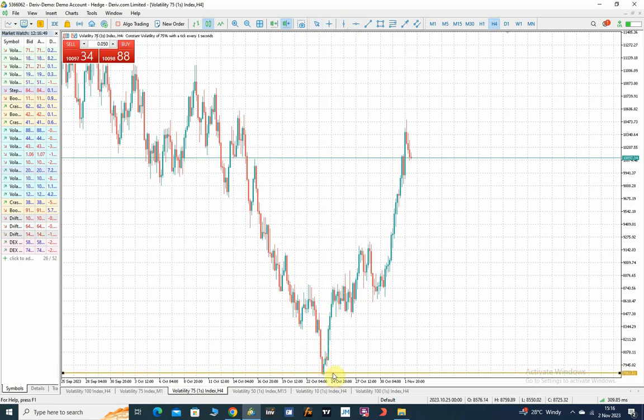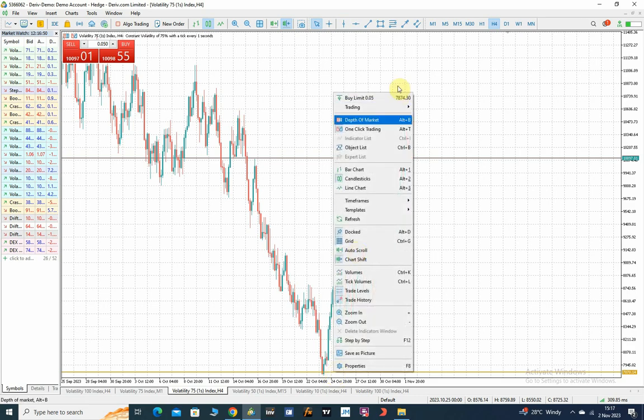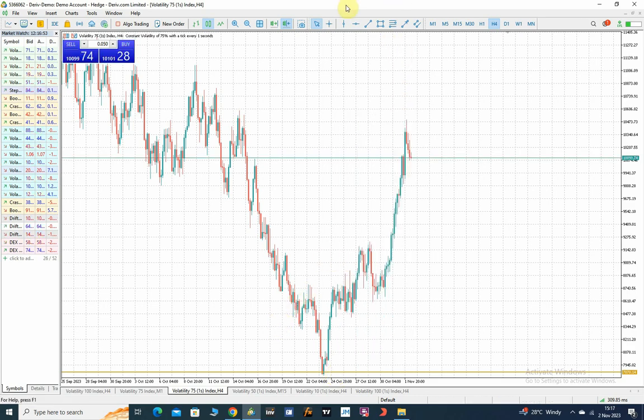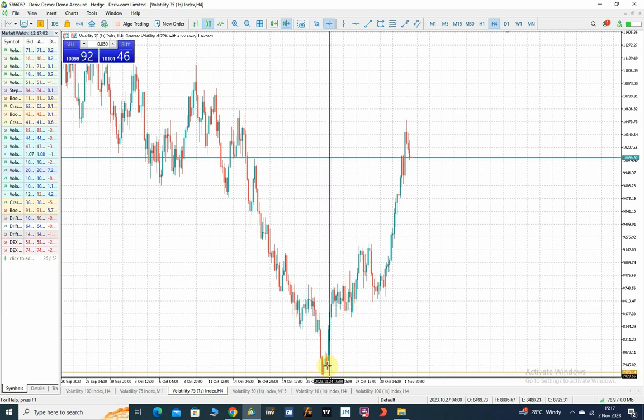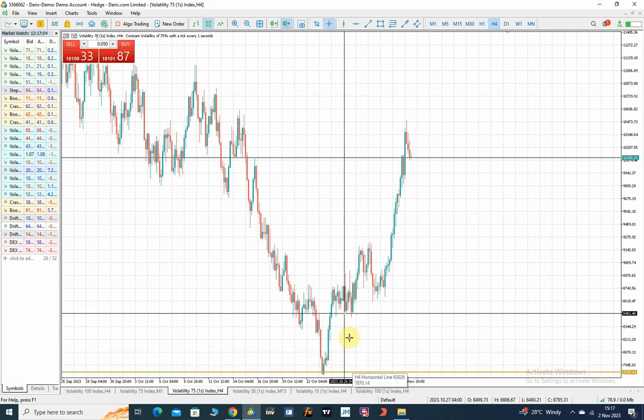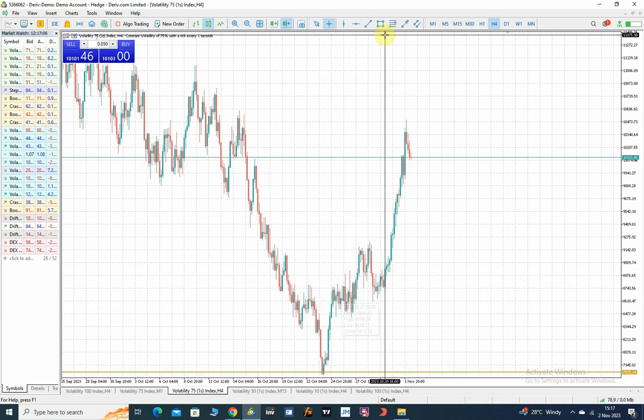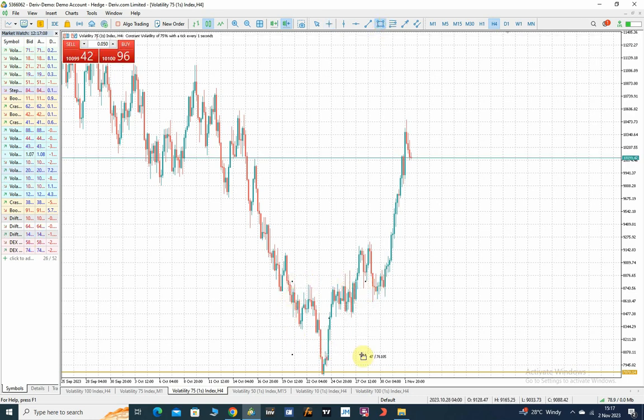Then it broke above the last lower high, and then it formed a lower low. It couldn't go down again, so it kind of broke the trend here. Here's where everything started to change.